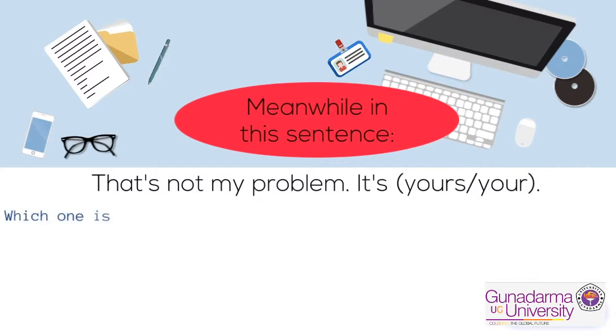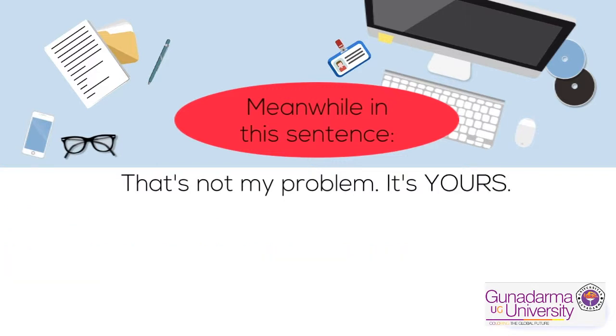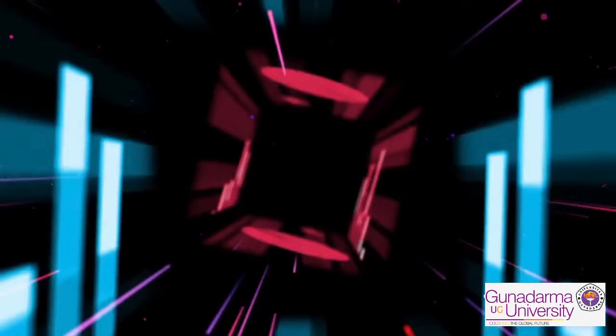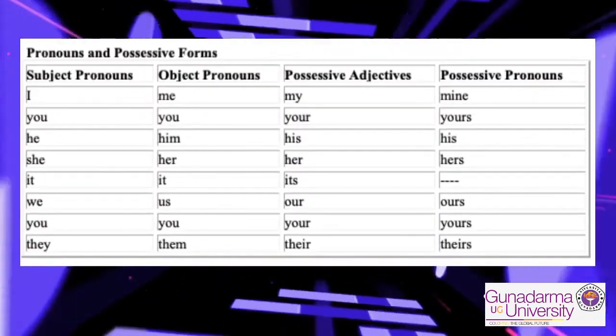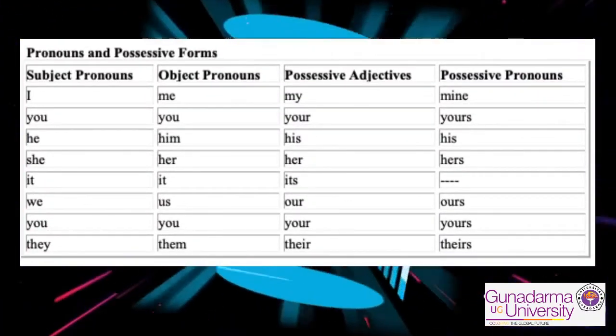It's yours or your. Which one is the answer? We need something to refer back to the noun phrase your problem. The answer is yours. That's not my problem. It's yours, because yours is a possessive pronoun that refers to your problem. Here are possessive adjectives and possessive pronouns.